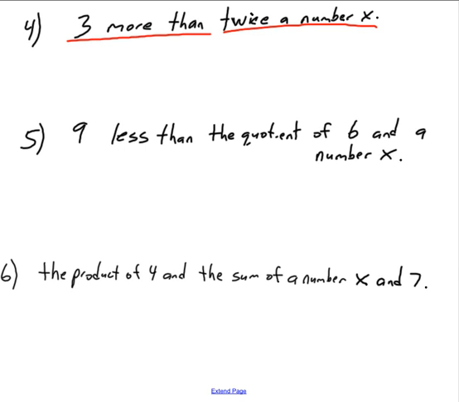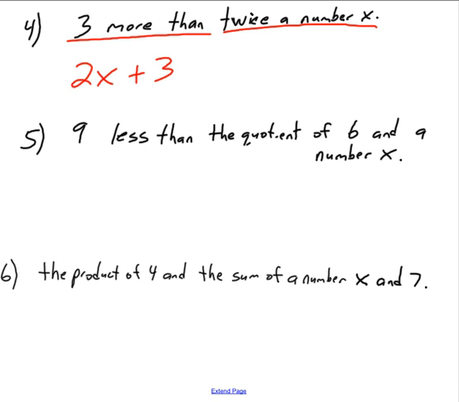So in this case, sometimes I'll start on the back half where it says twice the number x. I know that twice the number x is 2 times x, because the word twice is a specific type of multiplication, and it's multiplication by 2. So 3 more than twice the number x is just 2x plus 3, because 3 more than is addition by 3.